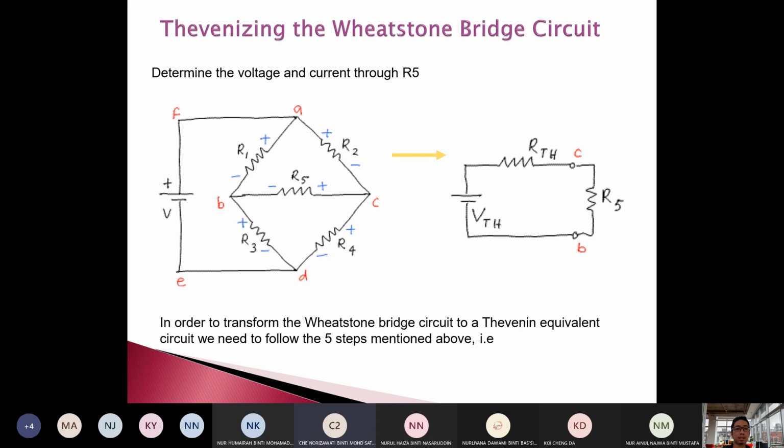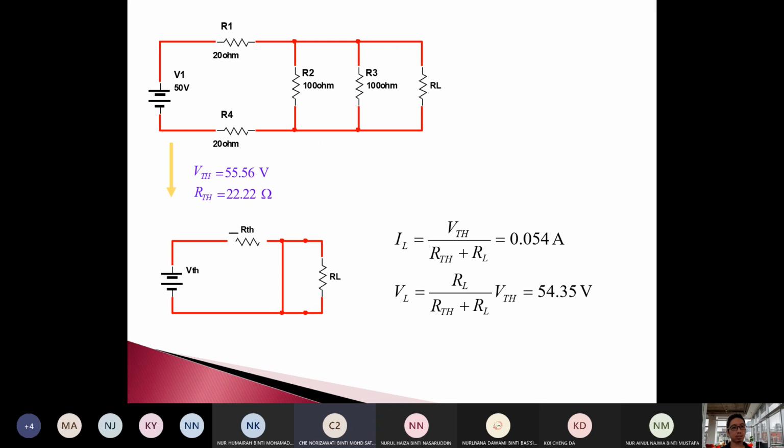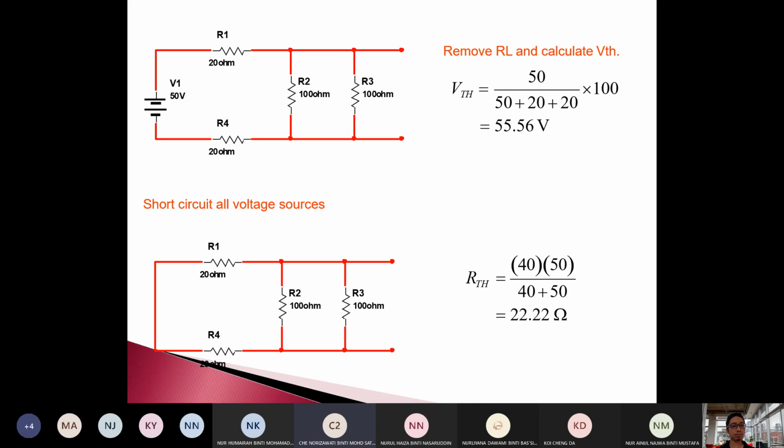After that you will need to find out what your VTH is. Once you obtain your VTH, like this one, you have the circuit there.